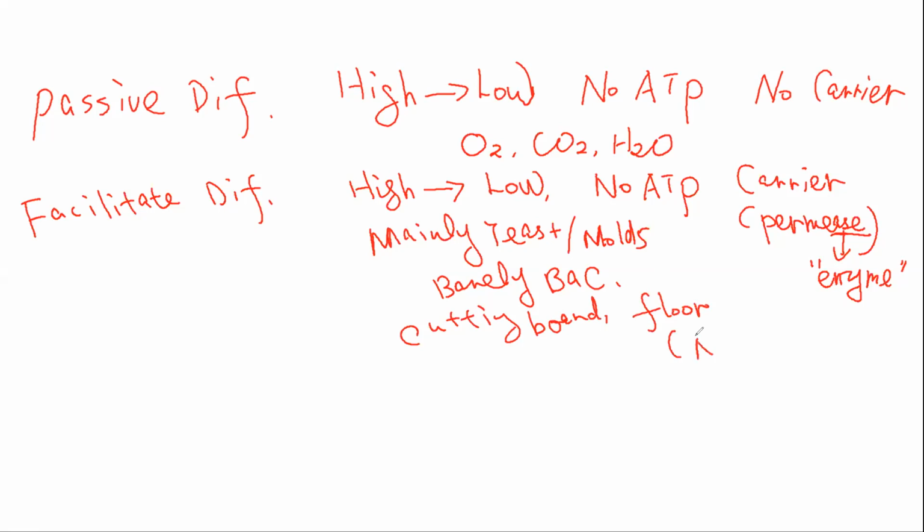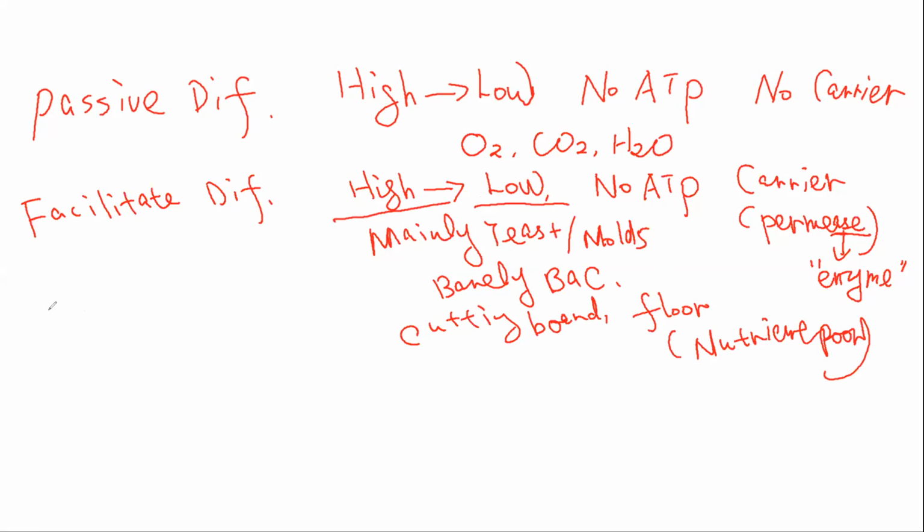The nutrients there are very poor, so the concentration is lower, and bacteria still take it up. So it's not going to happen frequently from higher to lower concentration, because the nutrients available are lower. So facilitated diffusion barely happens in bacteria, only in yeast and molds.